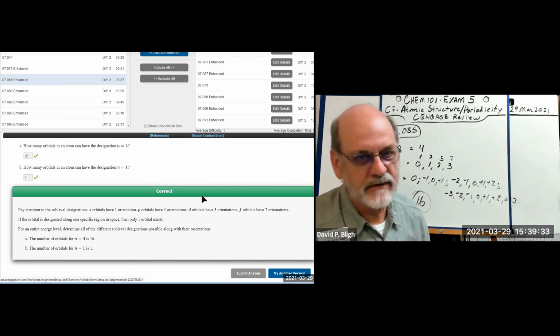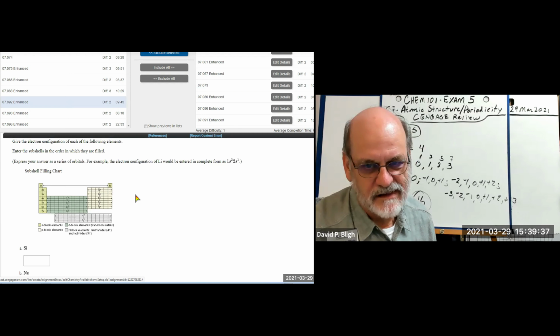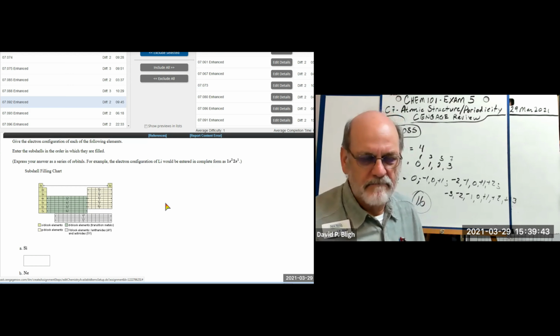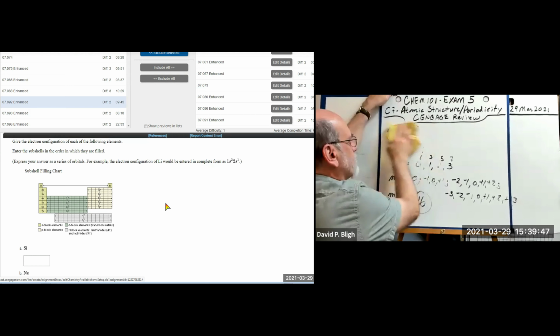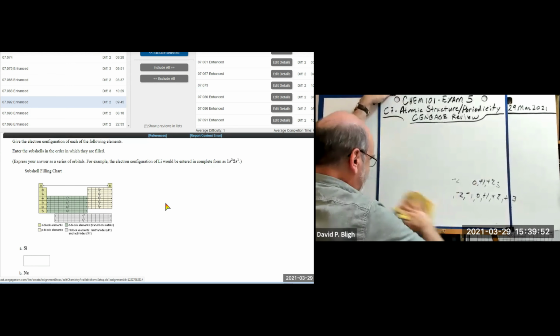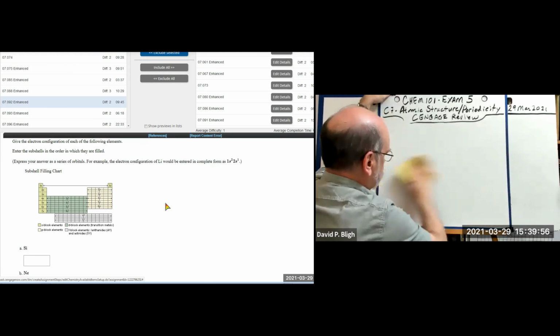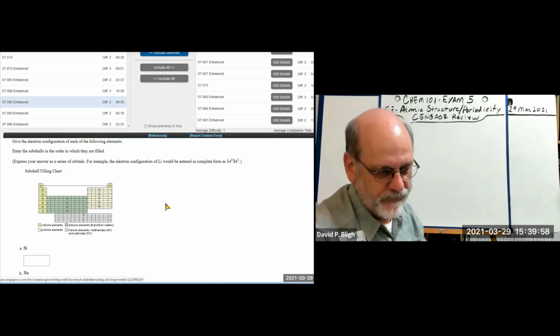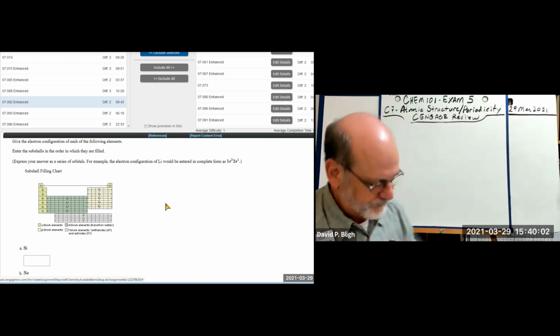5 more minutes left. Let's just take one atom and draw its electronic configuration, and then we'll be done.